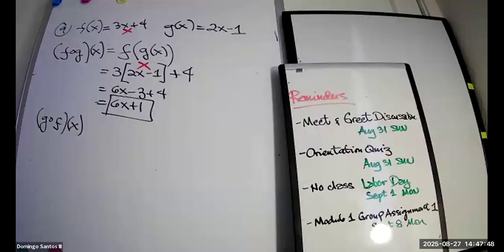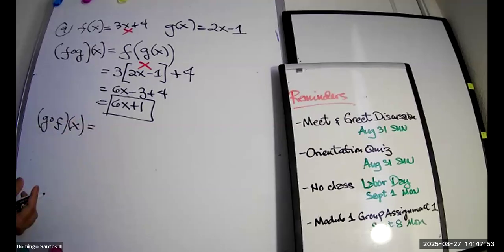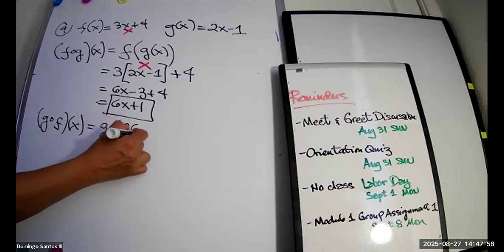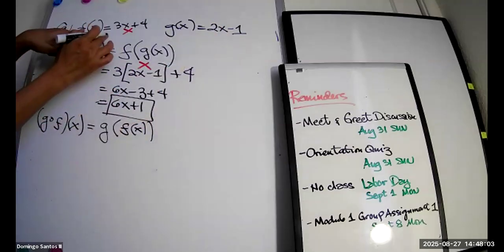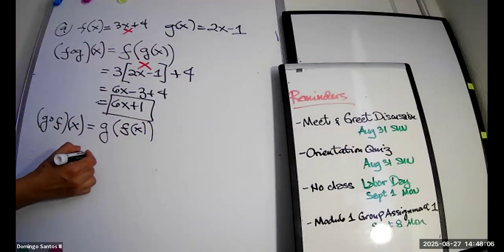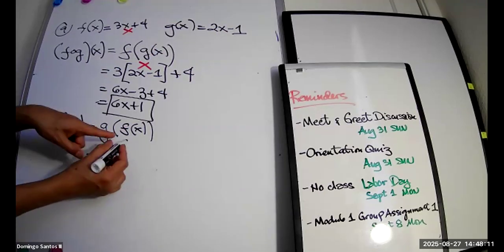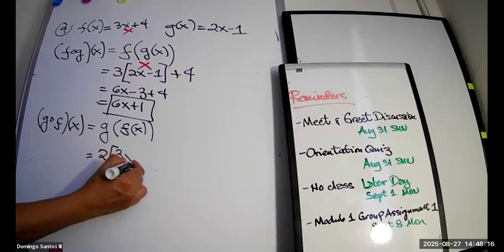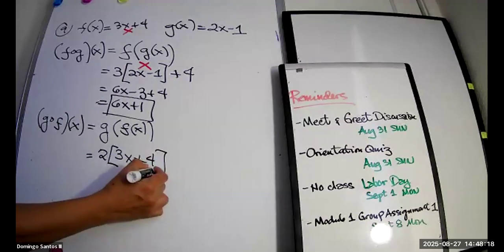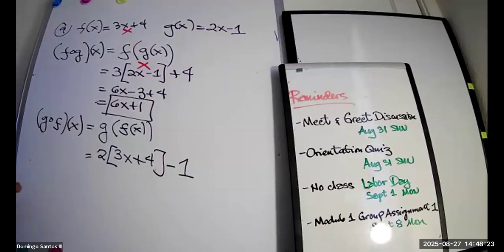Now let's get g circle f of x. This means that you would have, by definition, g of f of x. Meaning all the x's in g will be replaced by f. Because g is 2x minus 1, the 2x, which is your x, will be replaced by that whole thing, minus 1.